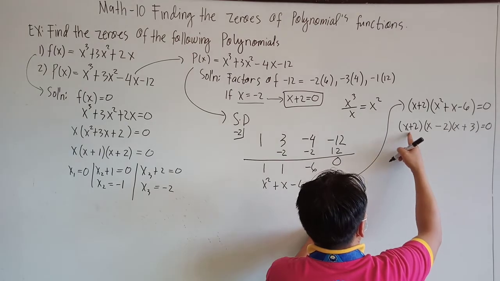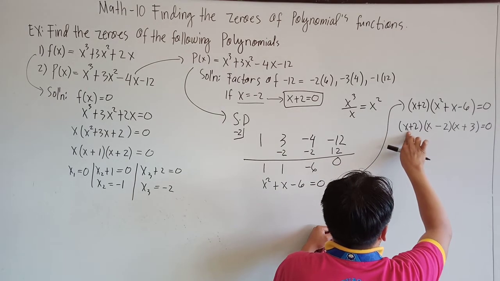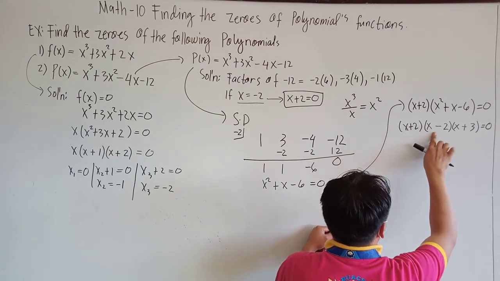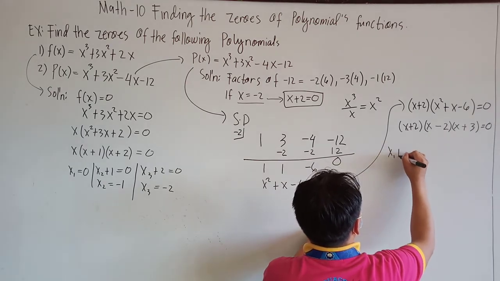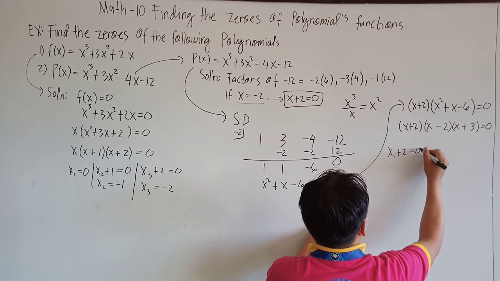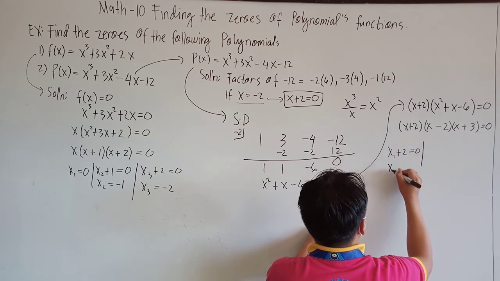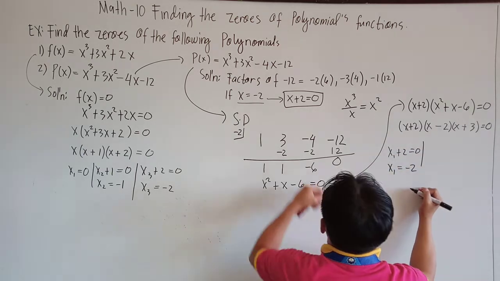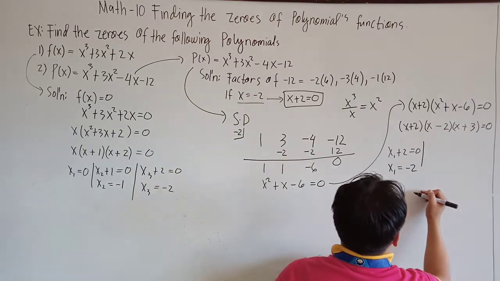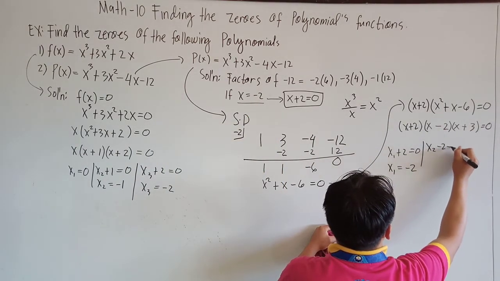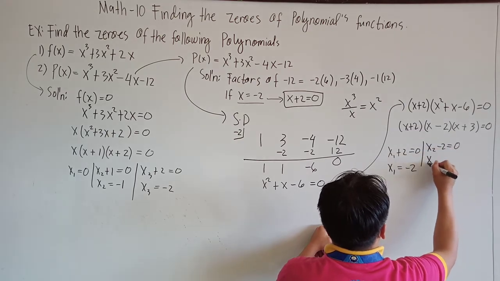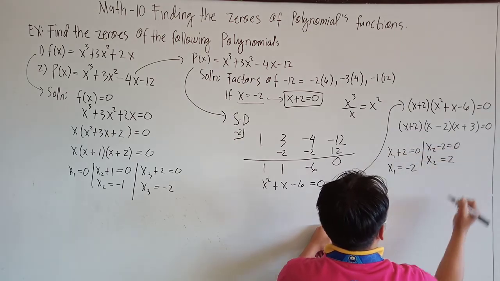So we can equate each factor; this will be our x1, x2, and x3. We have x1 plus 2 is equal to 0. x1 is equal to negative 2, which we already identified. Next, x2 minus 2 is equal to 0. x2 is equal to positive 2.